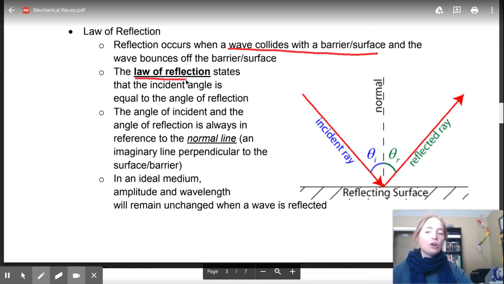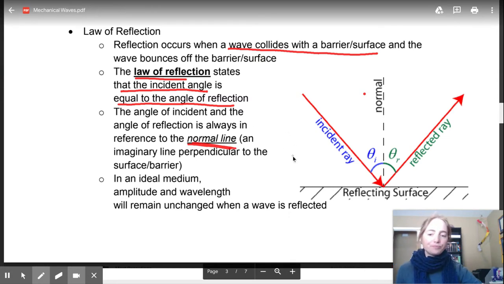It's called the law of reflection, and it states that the angle of incidence, or the incoming incident, is going to be equal to the angle of reflection. This is most commonly used with light waves. The normal is a line perpendicular to the surface, and we use our angles in reference to the normal line.